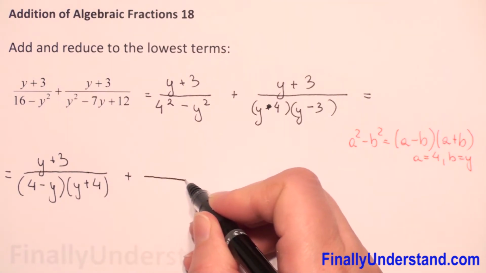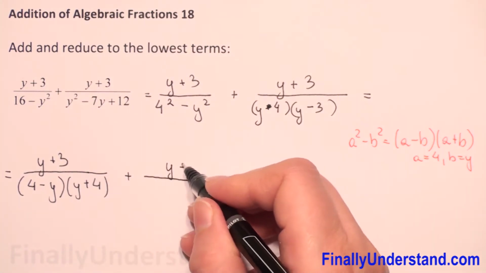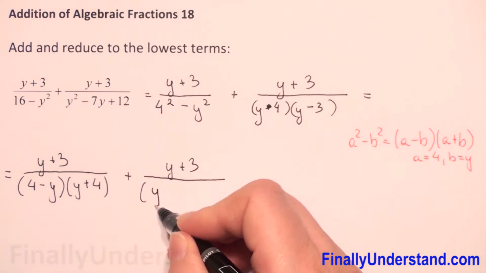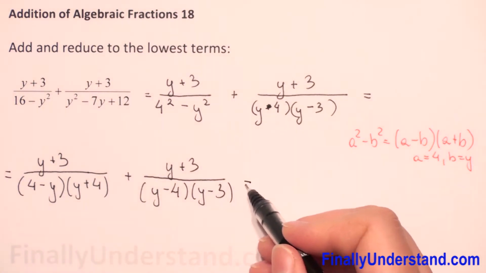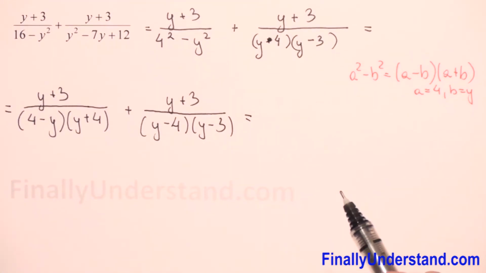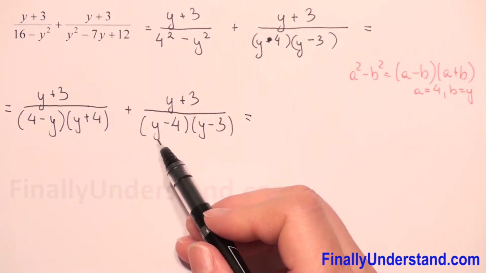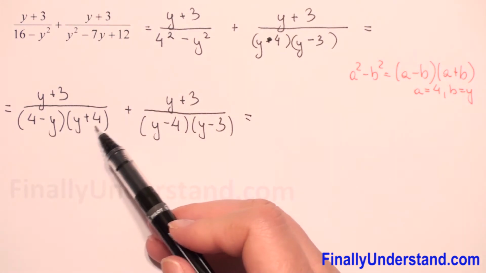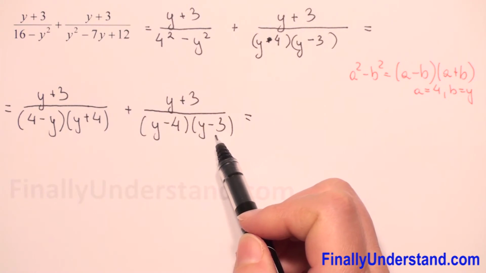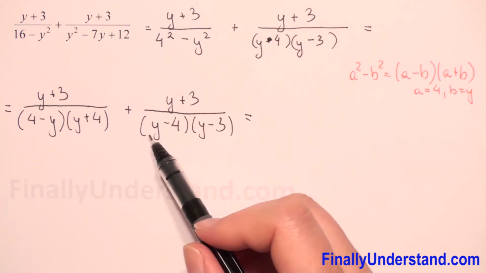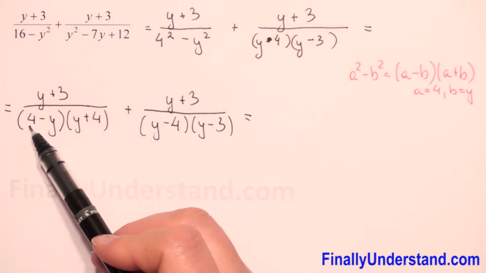The second algebraic fraction we will copy. Let's see what now we have in the denominators. We have y plus 4 and y minus 3, and we have y minus 4 and 4 minus y.